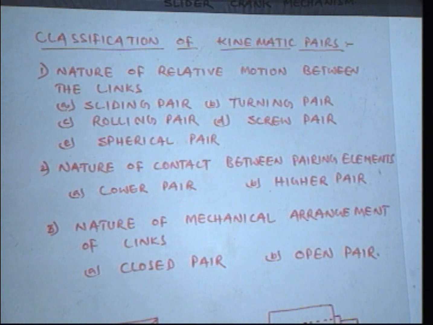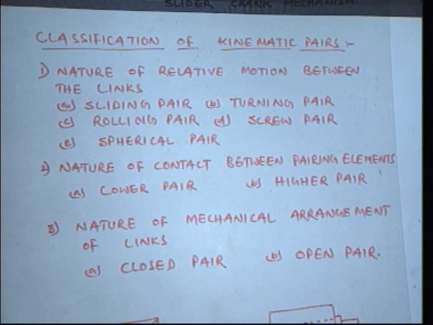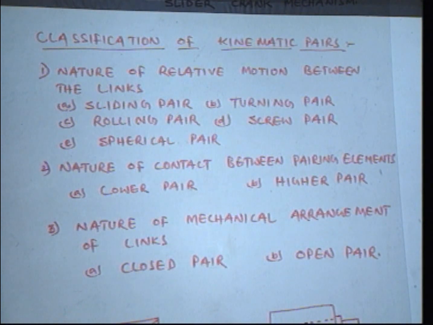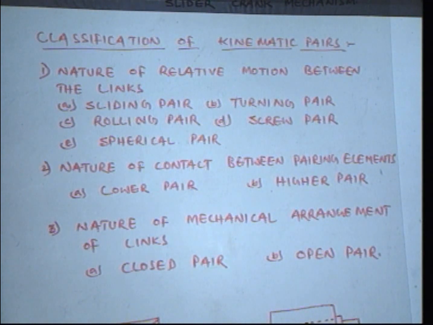Closed pairs are those in which links of a kinematic pair are held together mechanically so as to have constrained motion. The contact between the two is effected only by destruction of at least one of the members. All the lower pairs and some of the higher pairs are closed pairs.